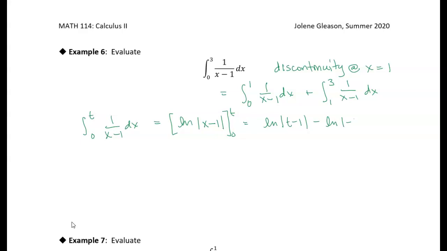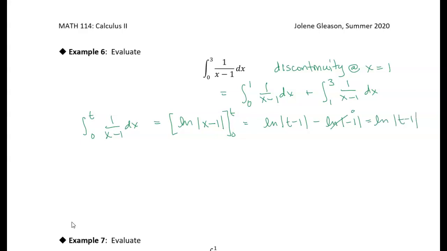So I get minus 1. But it's the absolute value of minus 1, so that's just 1, and the natural log of 1 is 0. So this is just 0. And so I end up with the natural log of the absolute value of t minus 1.